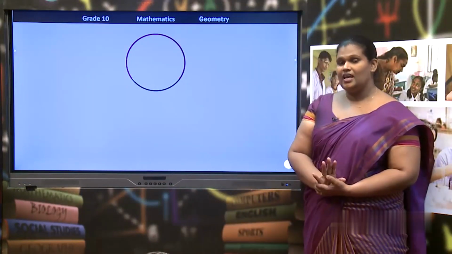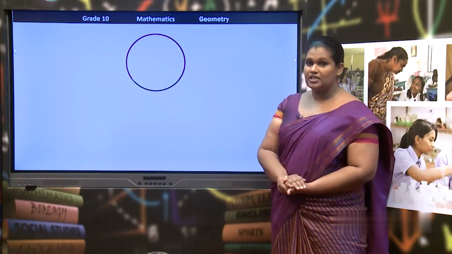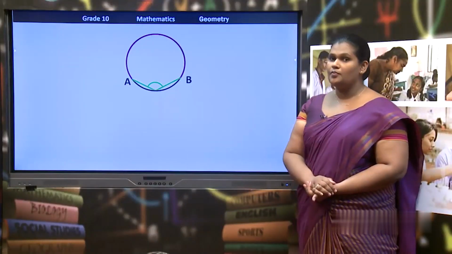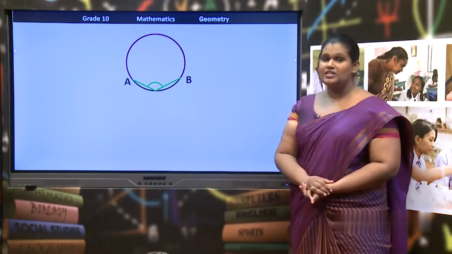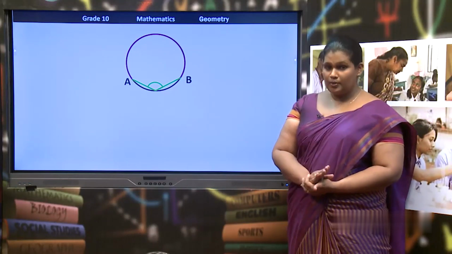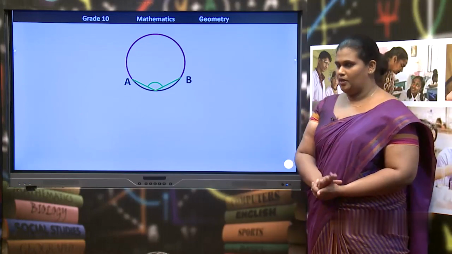So, we will see the angle subtended on the remaining part of the circle by the major arc now. Once again I have got the major arc AB. This time I am going to subtend an angle on the remaining part of the circle. When I consider the major arc AB, the remaining part of the circle should be the minor arc AB.